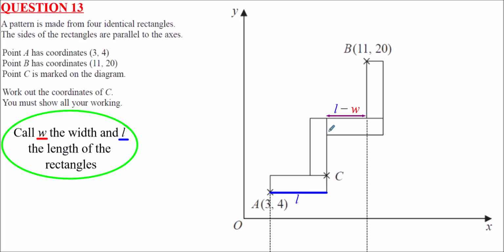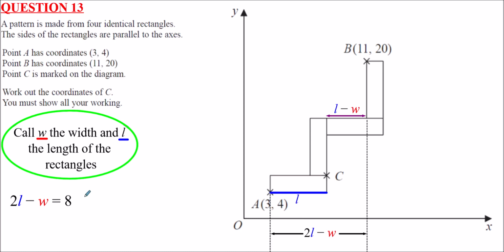So overall, as a simplified expression, from A to B going horizontally is 2L minus W. We can therefore say that 2L minus W equals 8, because A is 3 and B is 11. 11 take away 3 is 8 units. So 2L minus W has to be equal to 8 units.